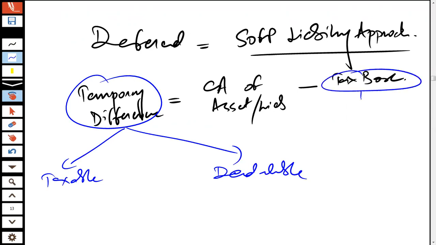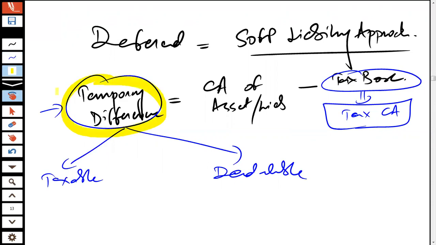With respect to the tax base, for easy purposes, you could think of it as a tax carrying amount. So the deferred tax is computed using the SOFP liability approach, and one very important thing is the concept of temporary difference.